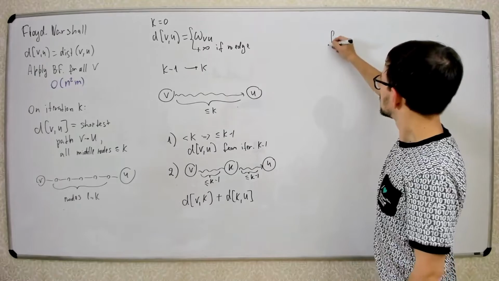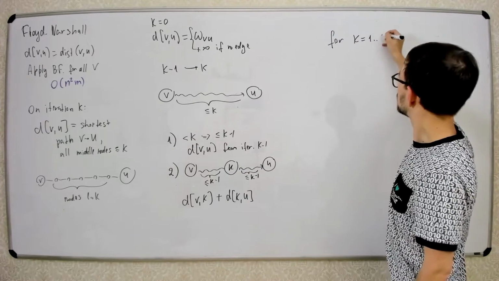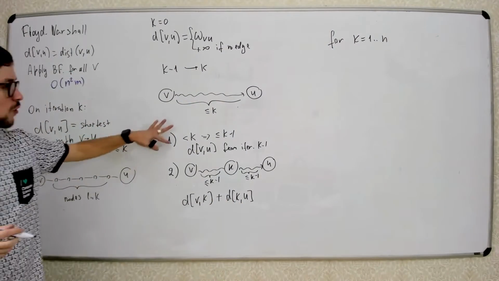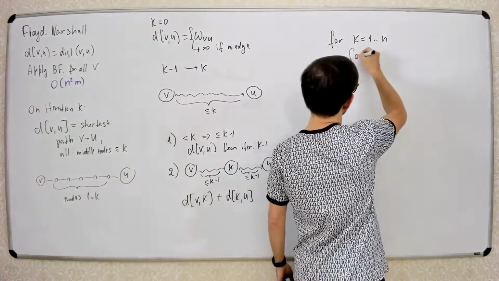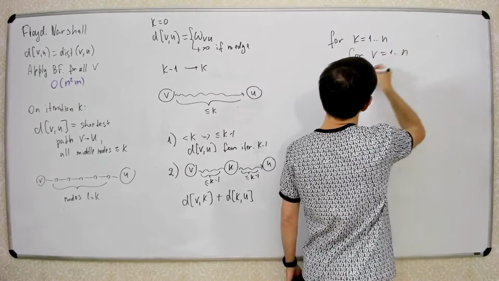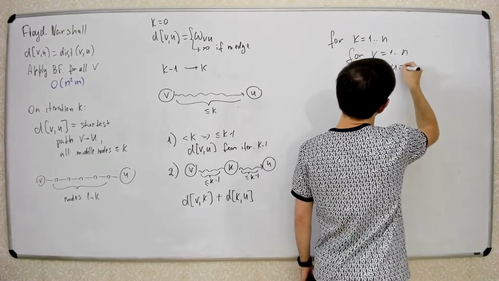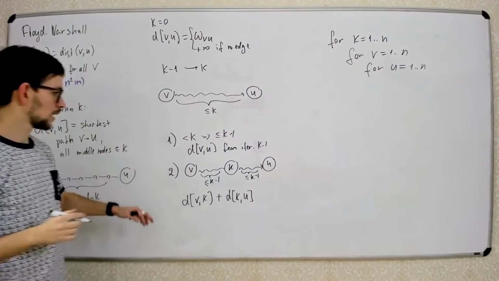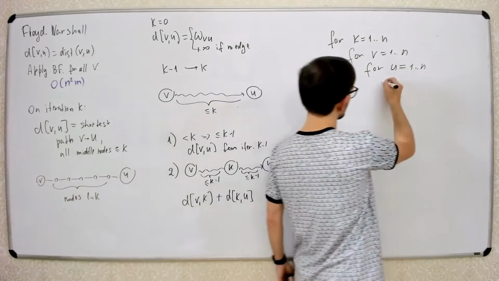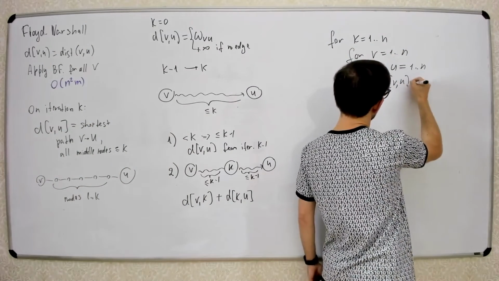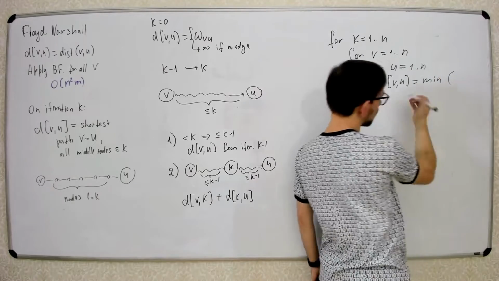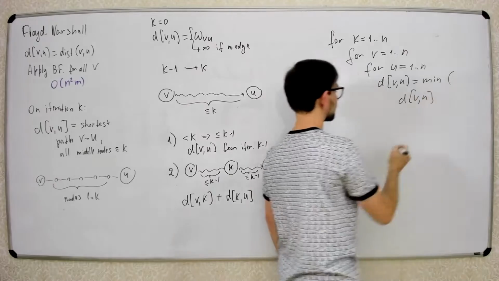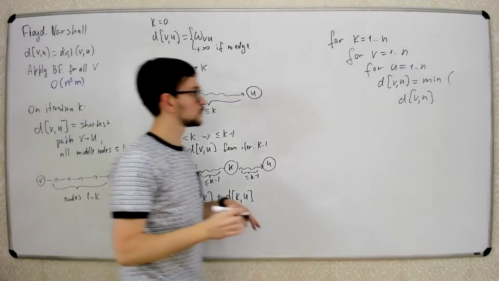Let's write it like this. We have iterations k from 1 to n, and now we iterate over all pairs. For v from 1 to n, for u from 1 to n, we just say that the distance between v and u is the minimum of the first case, right, and this sum.